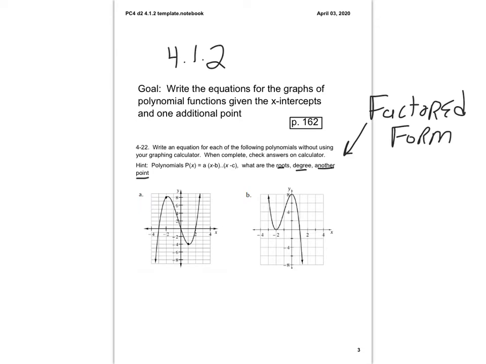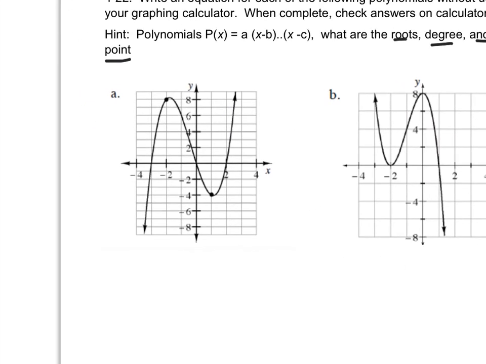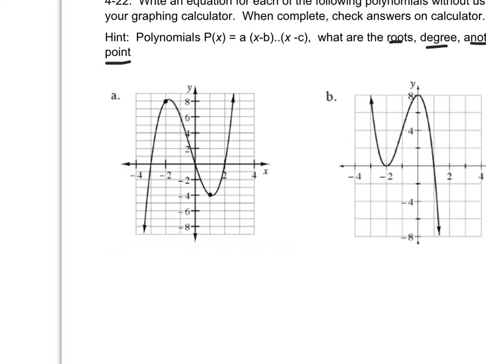So in part A, my roots happen to be x equaling a negative 3, x equaling 0, and x equaling 2.